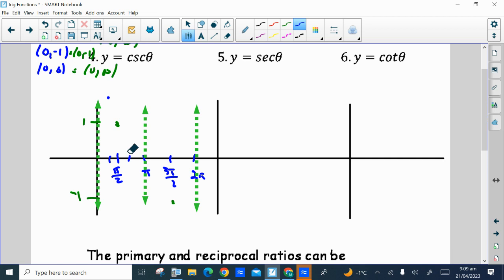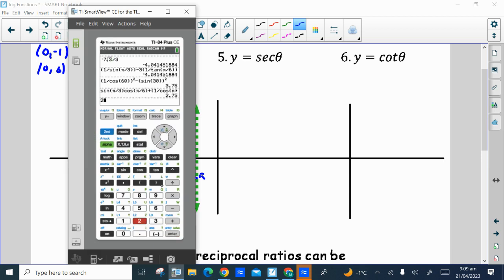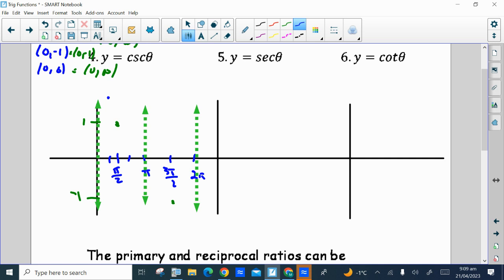That's pi on 3 radians, and the sine there is √3 over 2. So the reciprocal will be 2 over √3. 2 divided by √3. Again, it's greater than 1, about 1.15.